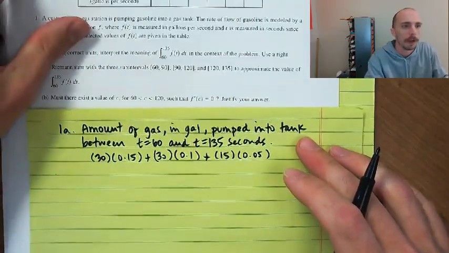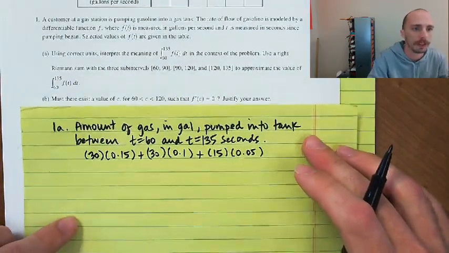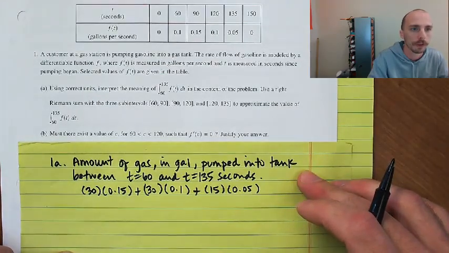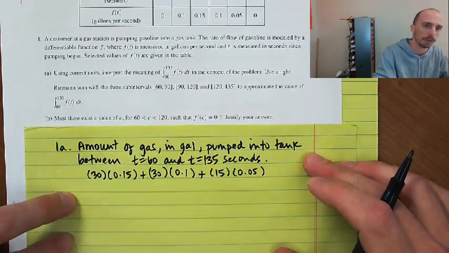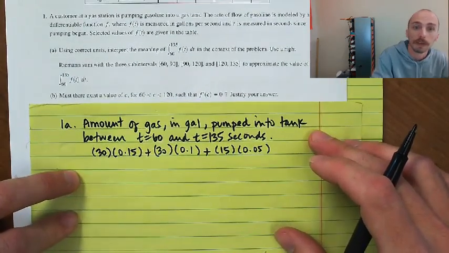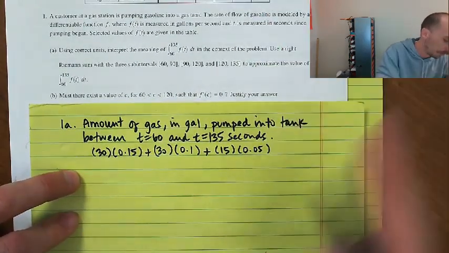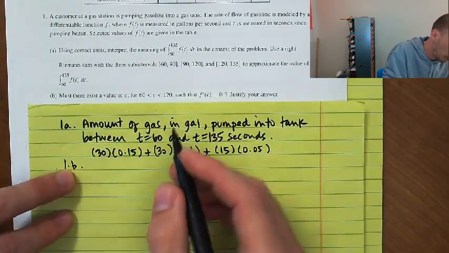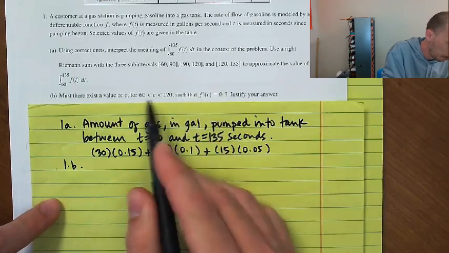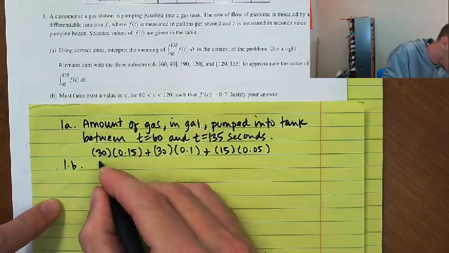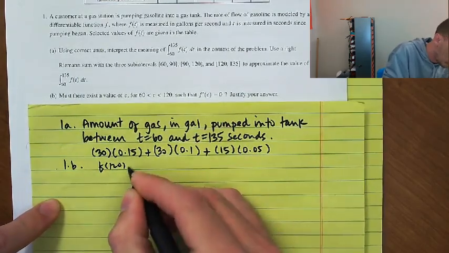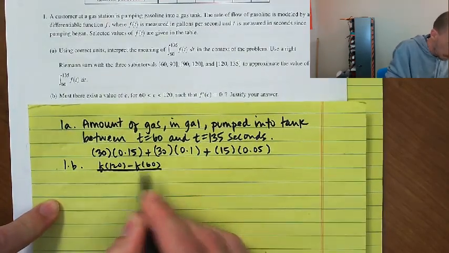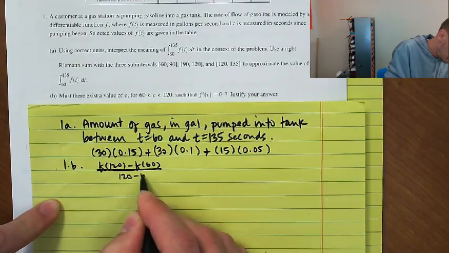Okay, so that was part A. Must there exist a value of C between 60 and 120 such that f prime of C equals 0? Okay, so they're asking about the mean value theorem. Must there be a place where the derivative equals this value? So I'm going to say, well, let's just check on the average rate of change of f between 60 and 120. So f of 120 minus f of 60 over 120 minus 60.